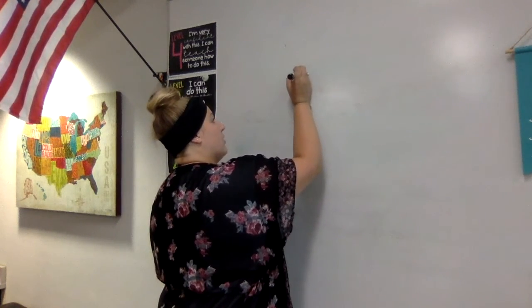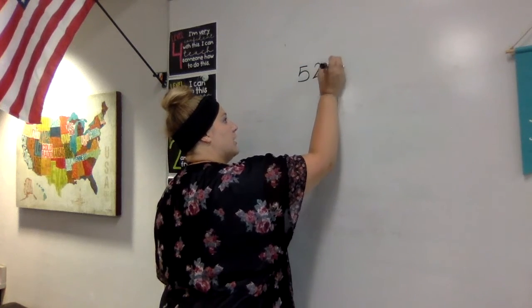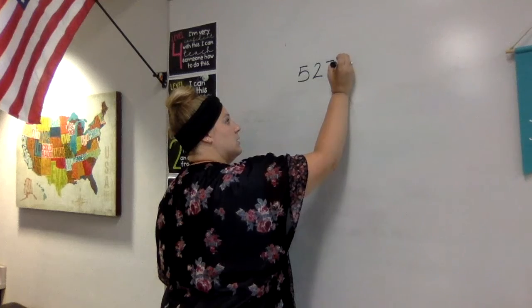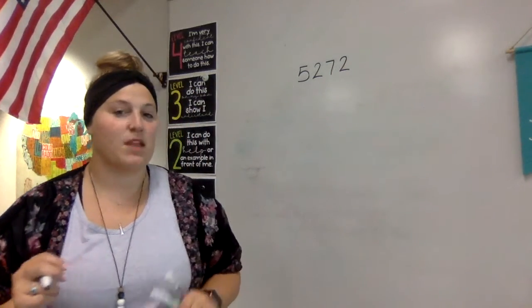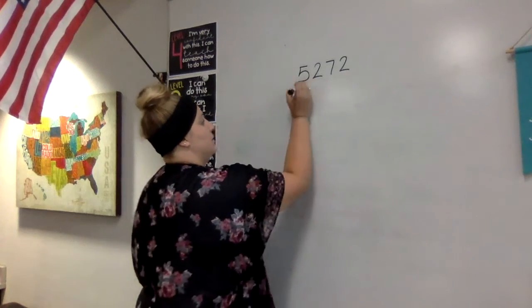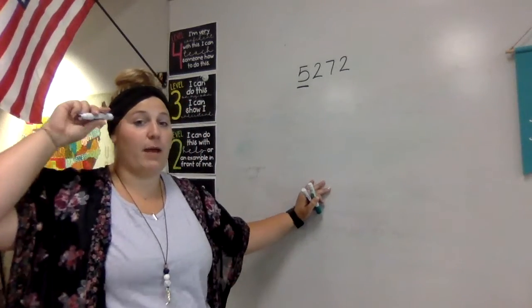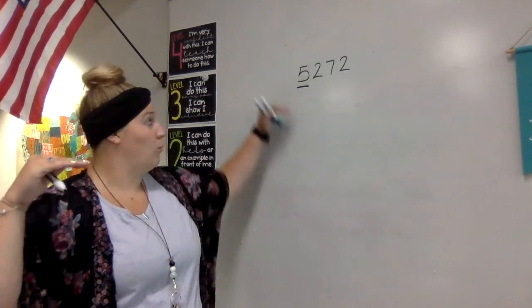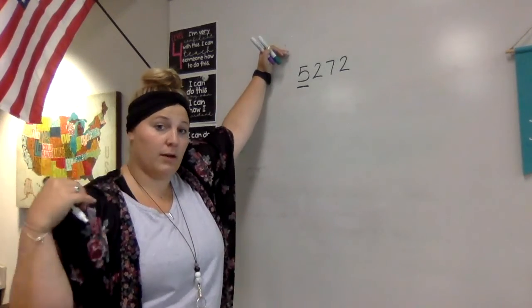So we'll use another 4-digit number. We'll say 5,272. If I'm looking for thousands, I'm looking here. I know in my head from the work I just did that my options are either going to be 5,000, where I already am, let it rest, or 6,000, one more.